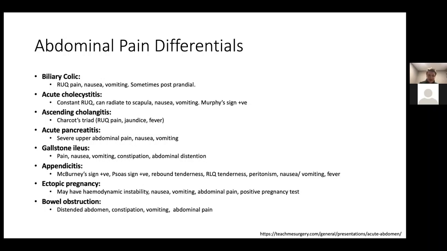Ectopic is really something you cannot miss. They might present with just abdominal pain. They might not be hemodynamically unstable, but they might be if it's ruptured. So it's important to quantify beta HCG. Bowel obstruction as well can present with distension, constipation, vomiting, abdominal pain, the 4 cardinal signs of bowel obstruction. So it's important to have these things in the back of your head, but it's not exhaustive.